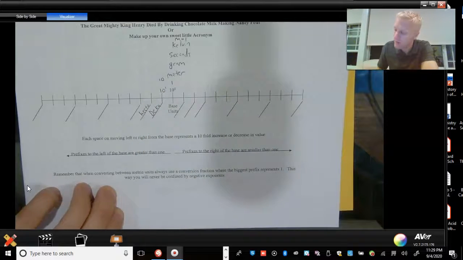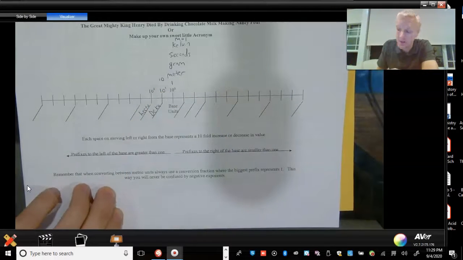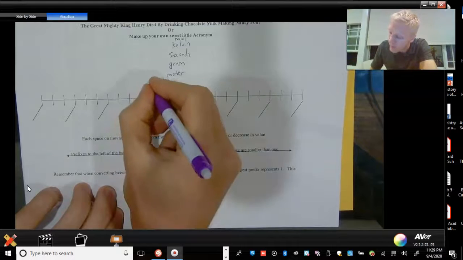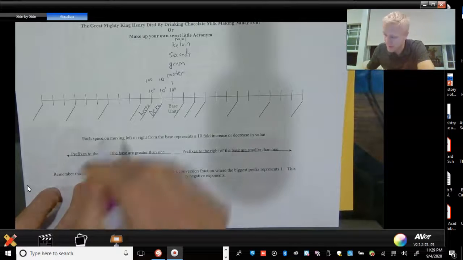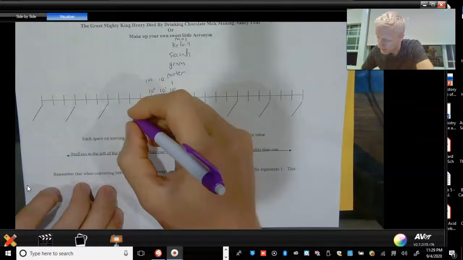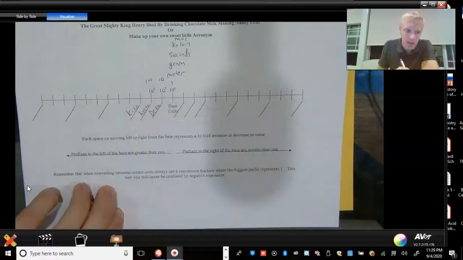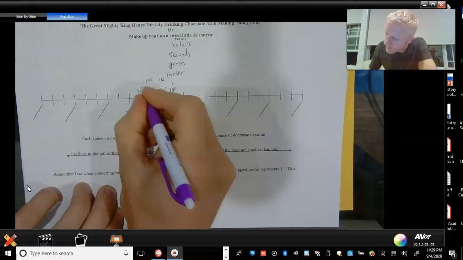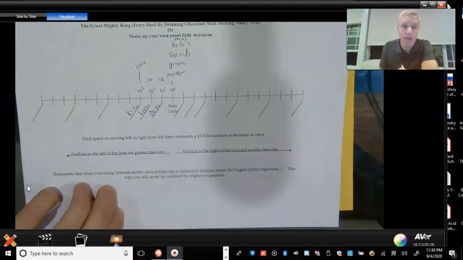So if you got a hectometer, that's like saying you got 10 to the second meters, or 100. 100 meters are in a hectometer. The next one is going to be familiar to you guys, especially those cross-country and track people. We got kilo. So a kilometer has 10 to the third meters, or we could say 1,000.